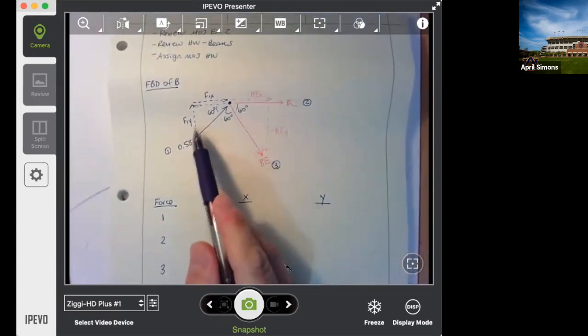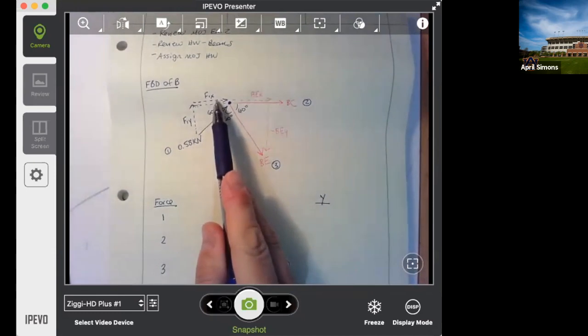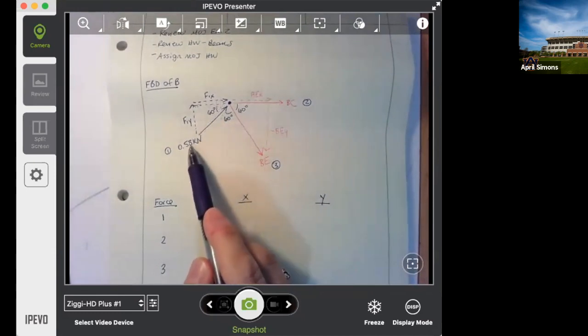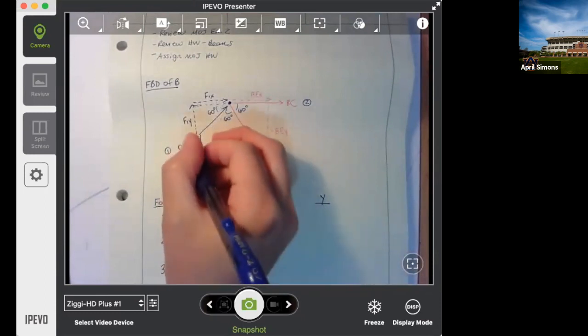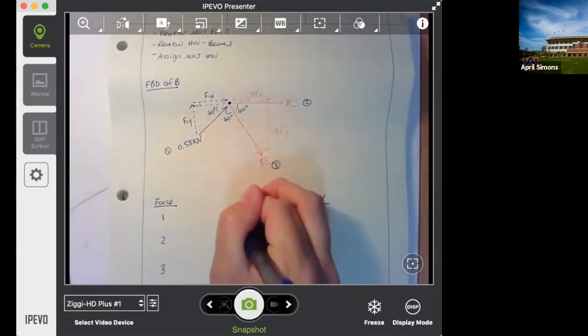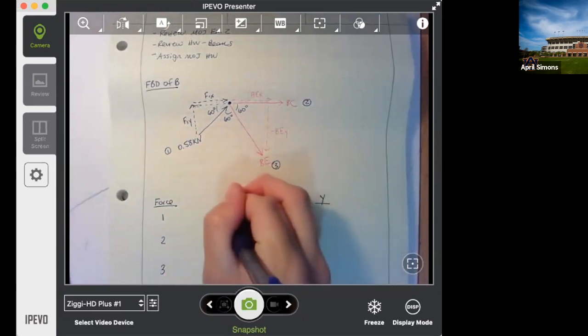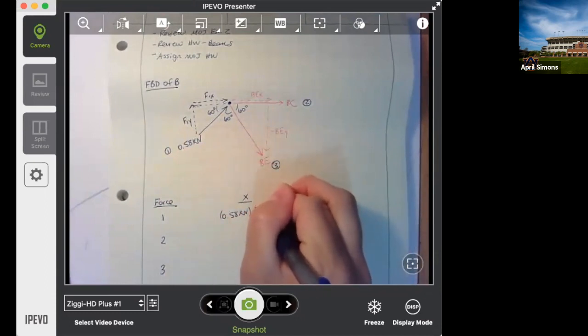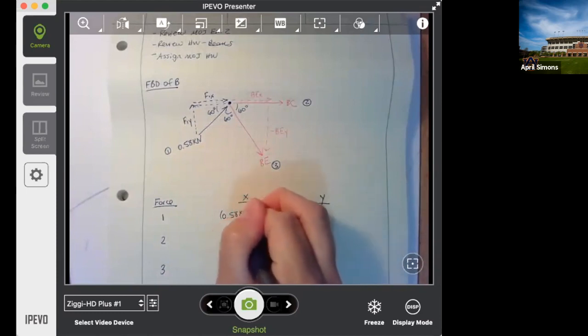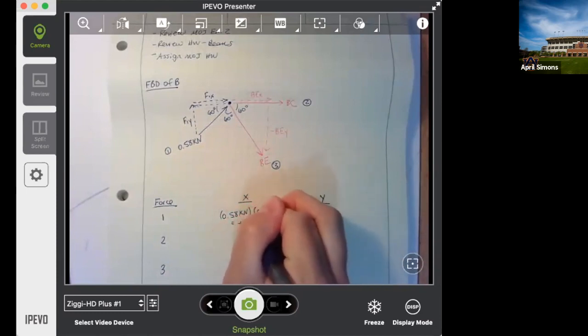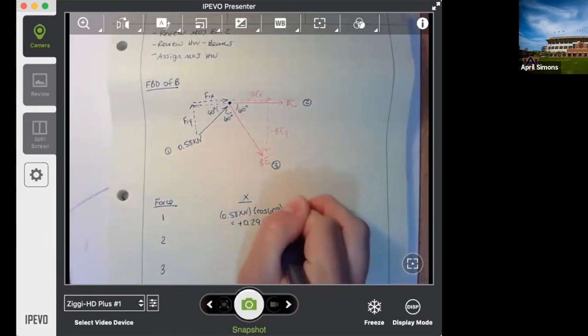Okay, so force 1 here, F1X is equal to F1 cosine 60. So 0.58 kilonewtons cosine 60. That gives us a positive 0.29 kilonewtons for F1X.